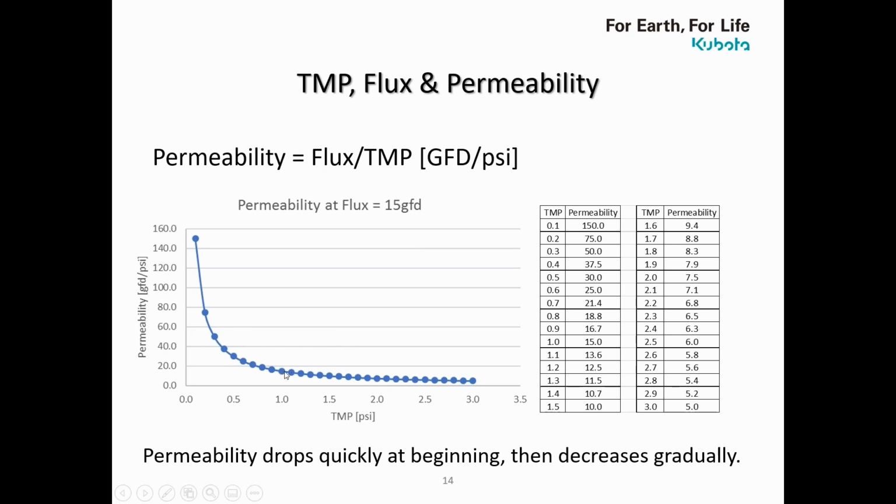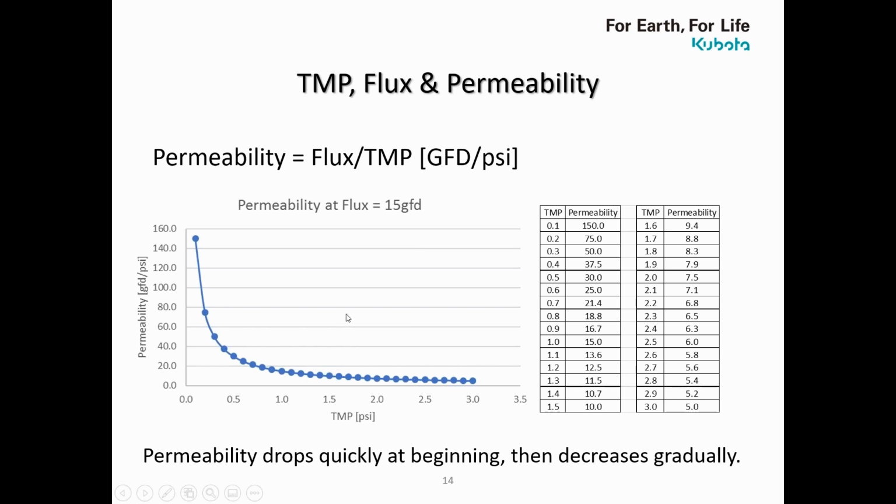I think there's a reason for that, and I'll talk about it when I cover chemical cleaning. Typically you do it when the TMP increases about 0.5 psi up to 1 psi from the original starting point. That means the permeability can drop somewhere close to 15 or 10 at most plants.